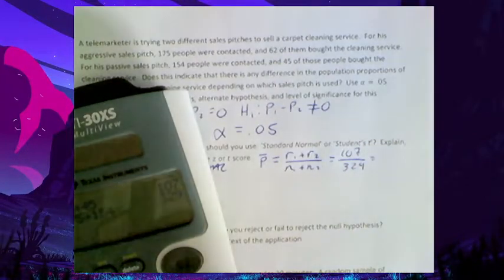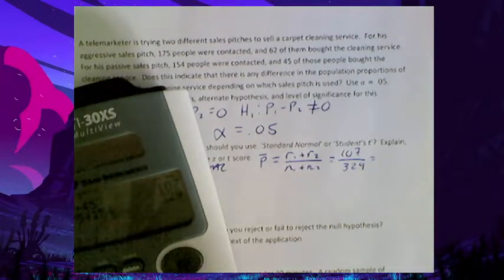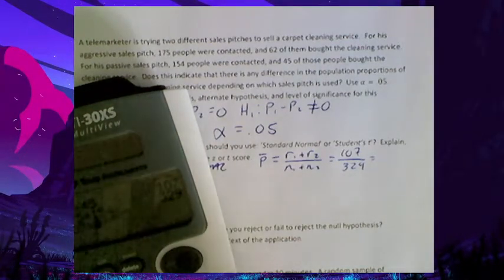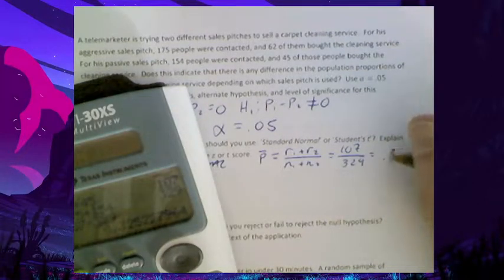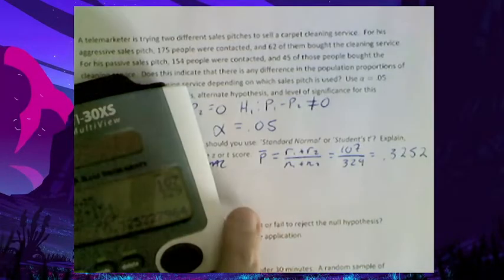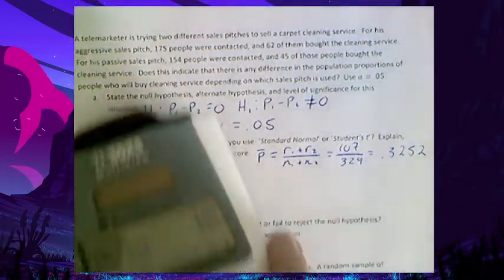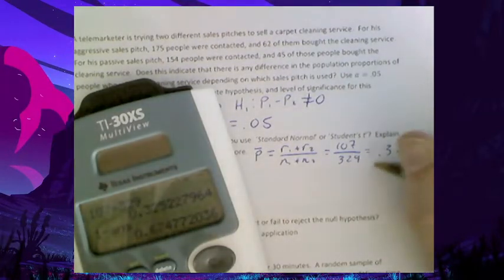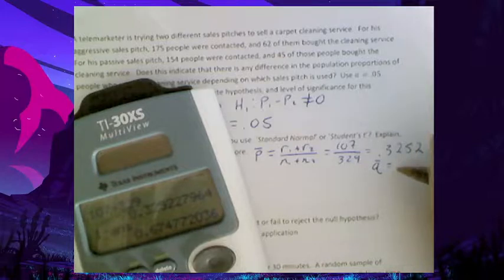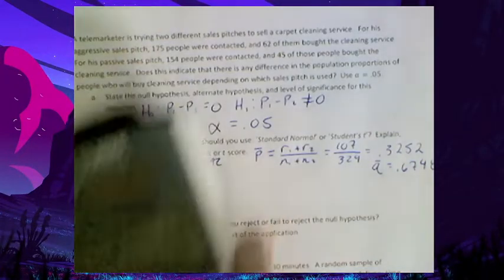As a decimal, 107 divided by 329, we get 0.3252 as our p bar, meaning that 1 minus that, our q bar, would be 0.6748 if I round it.